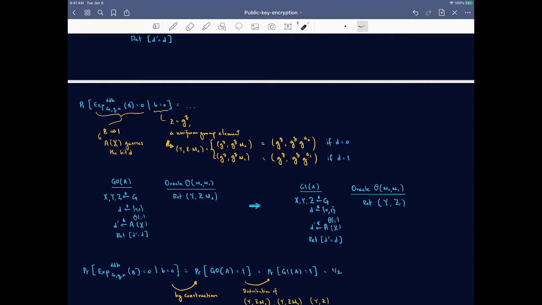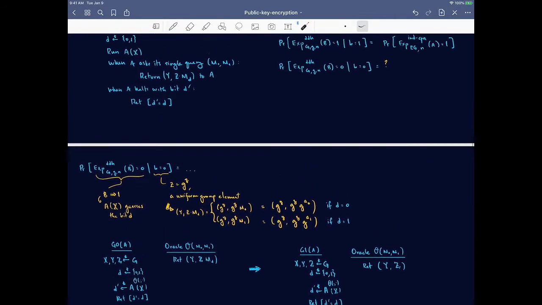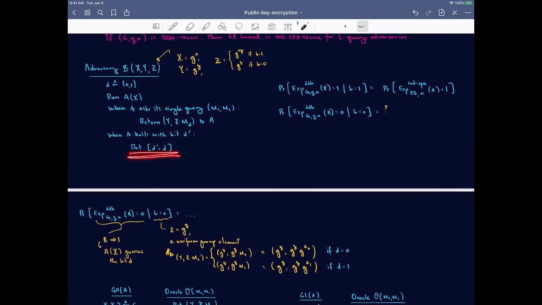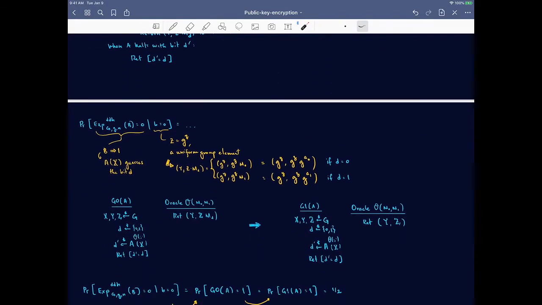This game G0 outputs 1 when A manages to guess the left or right bit, which is precisely when our constructed B outputs 1. Right? So G0 is just capturing exactly this, but conditioned on this piece being uniformly random. That's all it is.